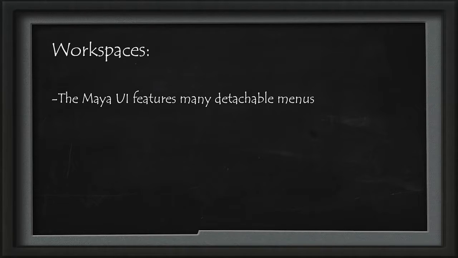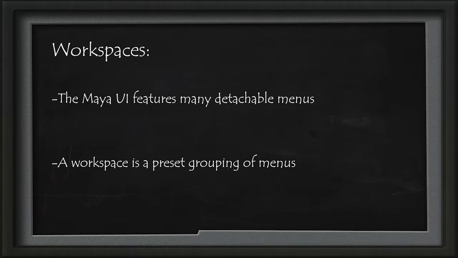Now Maya, like many programs such as Adobe products and Unreal and Unity and various game engines, features these detachable menus that essentially allow you to customize your UI according to whatever needs that you might have. Now all a workspace is, is just a preset grouping of these menus.